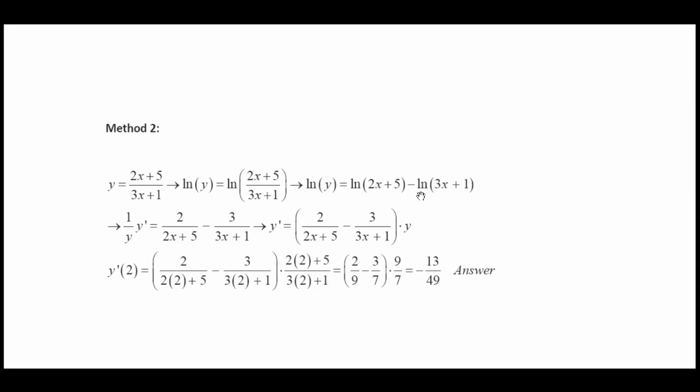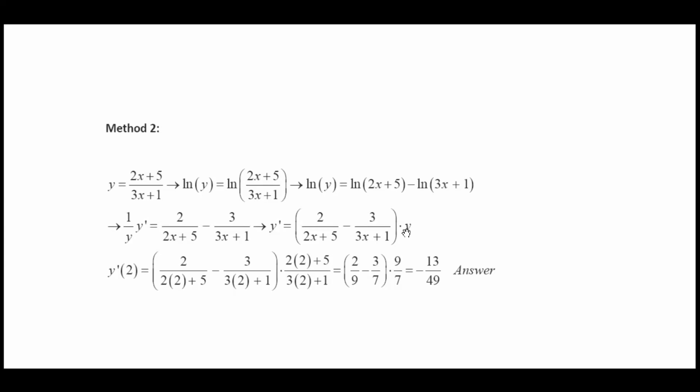Now let's take the derivative. Derivative of ln of y is the derivative of y, which is 1 over itself, put a y prime with it, equals. Derivative of this is 2 over itself. The derivative of this is 3 over itself. And so I have y prime is equal to this times y. Now, what do I want? I want y prime of 2.